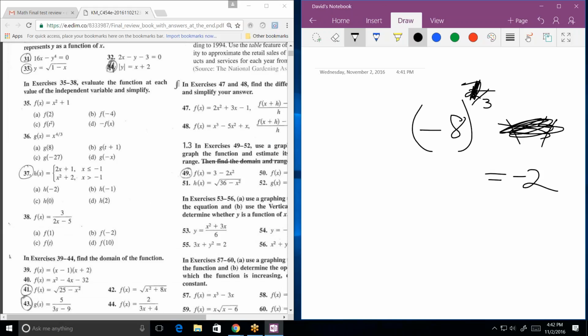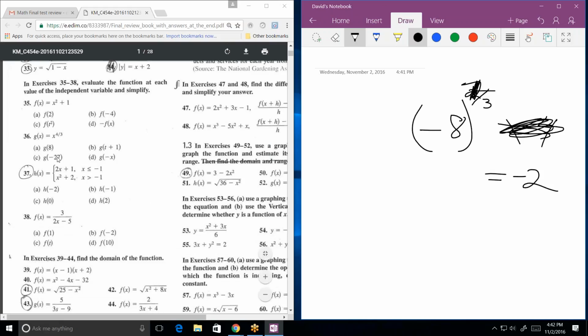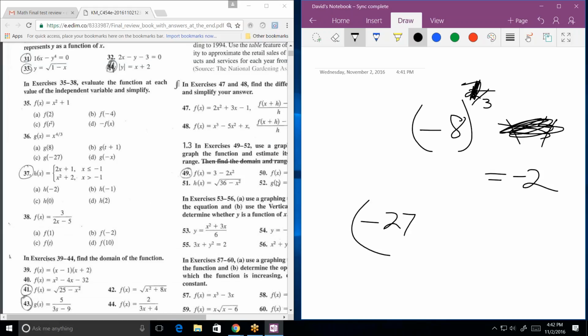And we don't have time for me to go into it or explain it, but it might affect the answer on g. Because that's pretty much what we're doing when we take -27. There's our negative number, and we're taking it to the 4/3. The cube part gives us a -3, and then we take it to the 4th power and it turns positive.